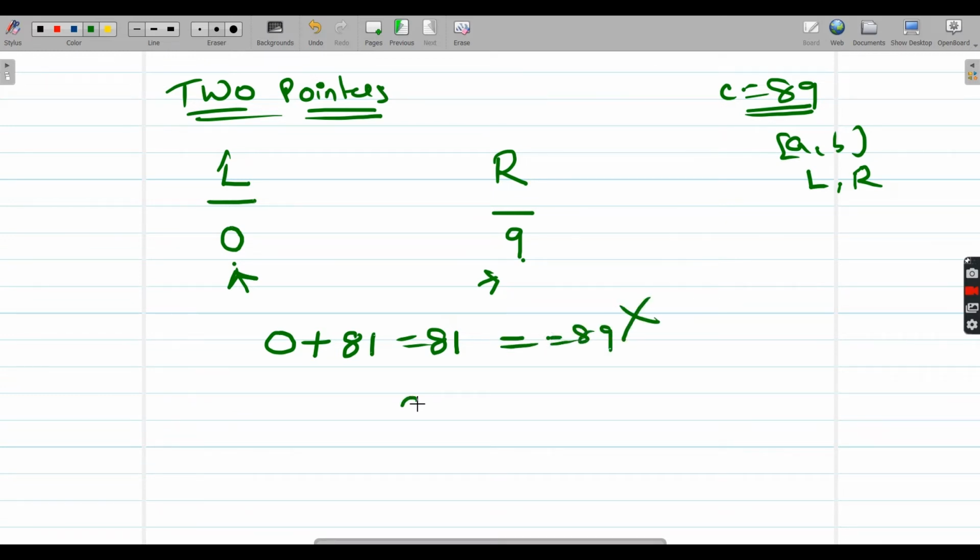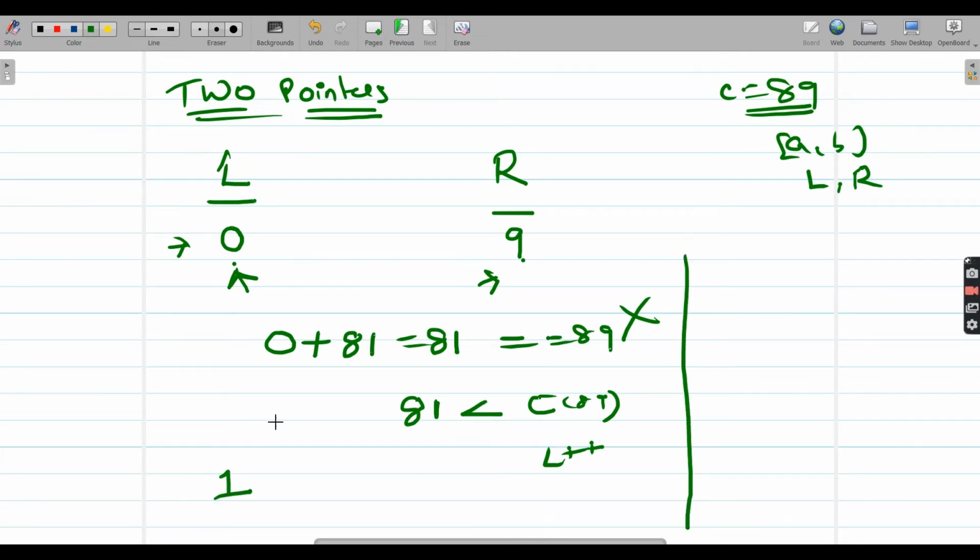No. Is 81 less than c, that means here 89? Yes. Whenever you find this condition, you need to increment L, that means L plus plus. Then L here will become 1. Then go to the next phase.